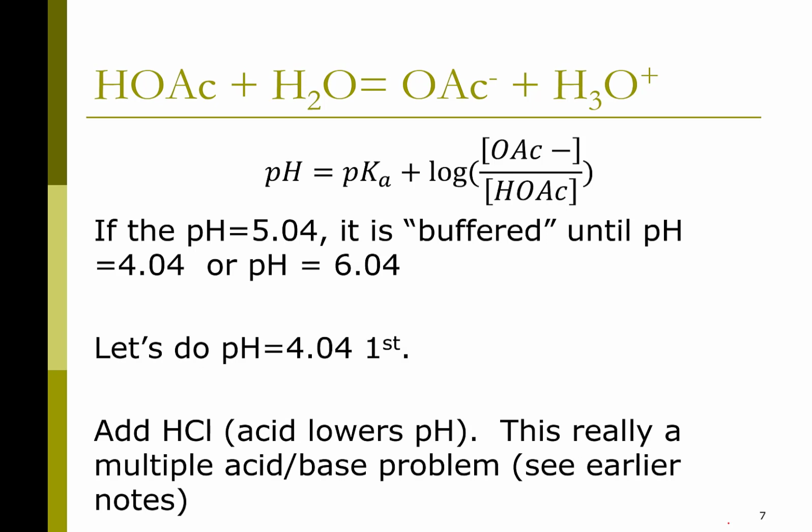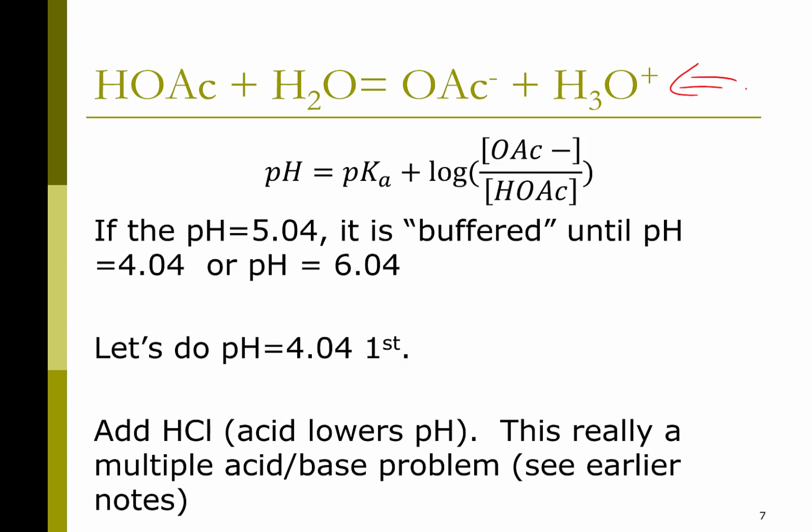Henderson-Hasselbalch is really the solution to the K equation for this reaction at the top. Given my current acetate and acetic acid concentrations, the pH is 5.04, and I consider it to still be buffered as long as the pH stays above 4.04 and below 6.04.